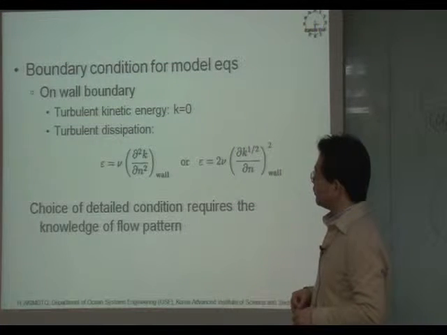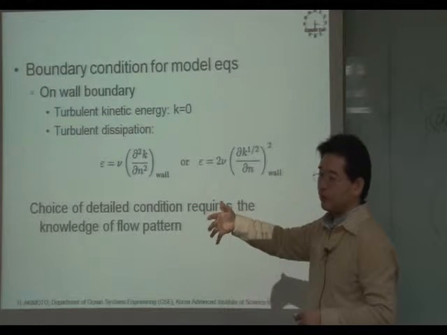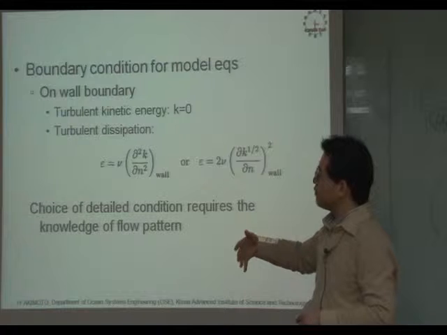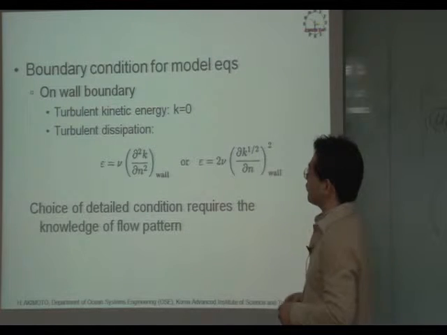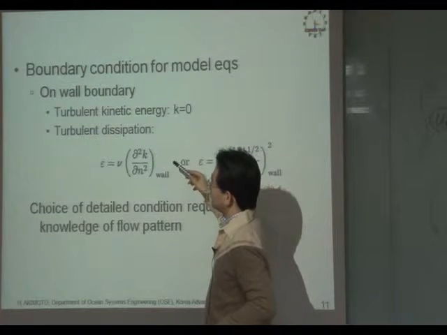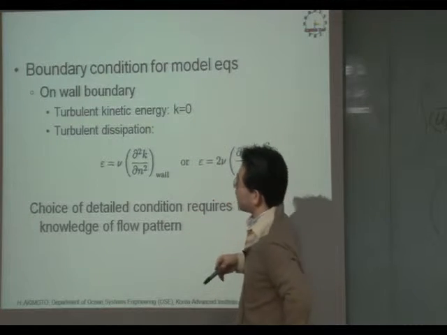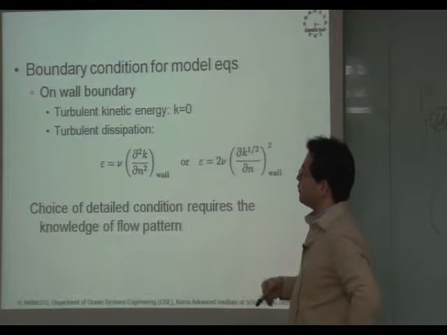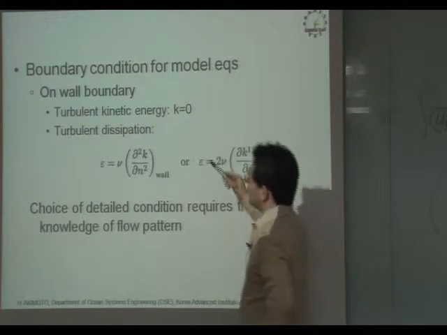The original source of k comes from the inlet boundary. If it is natural wind, there is already turbulence in the natural wind. So the difficulty is only on the boundary wall surface.